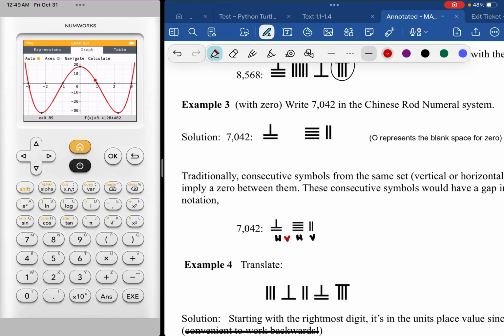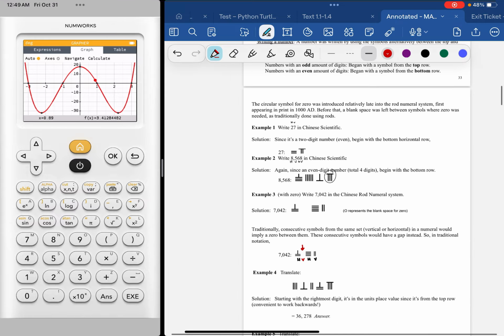All right. So even though it's not there, if I know that I have 2 horizontals and I know that they're going to alternate vertical, horizontal, then there must be a vertical in here. And since there's nothing there that's vertical, it must be nothing. It must be 0. All right. So let's see. Do I have an example there?